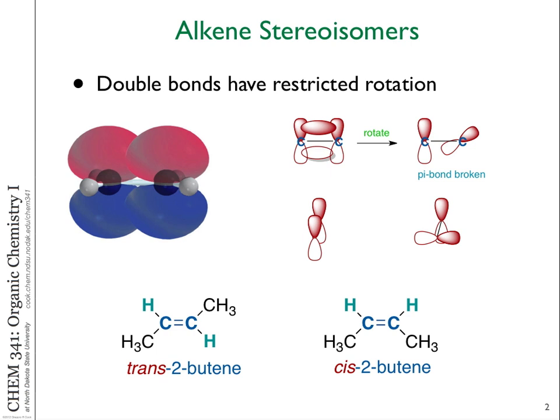But it does fix the geometry of substituents on a double bond in space. So although we haven't changed which atoms are connected, we can change their orientations in 3 dimensions because they're stuck in one position. So there is stereochemistry, stereoisomers available on double bonds which have different substitutions on the ends.